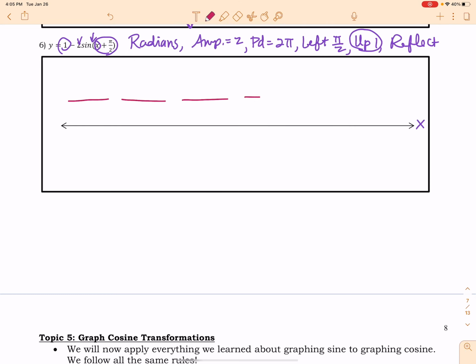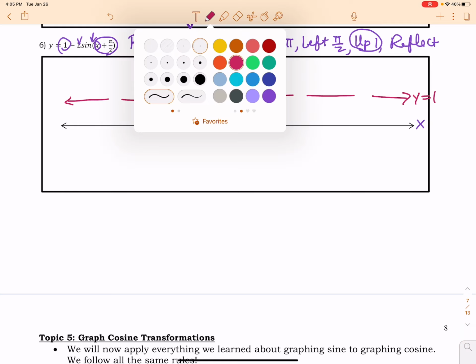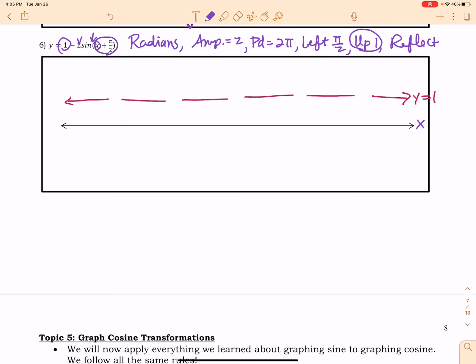So I'm going to call this up 1. So this is y equals 1. The center of my graph is actually going to go through this value. All right, so on here, I am going to label a middle point, because we are moving left pi over 2.